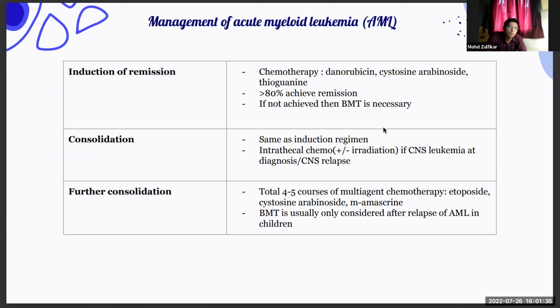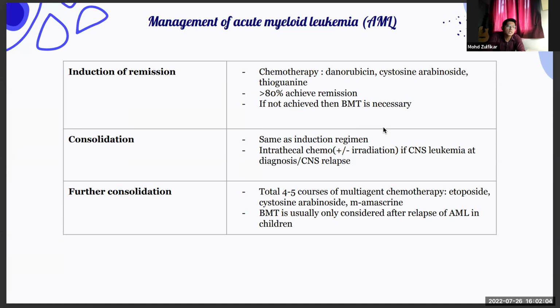For induction of remission in acute myeloid leukemia, the agents involved are daunorubicin, cytosine arabinoside, and also thioguanine. Studies show that more than 80% will achieve remission. However, if the remission step is not achieved, bone marrow transplant is necessary.